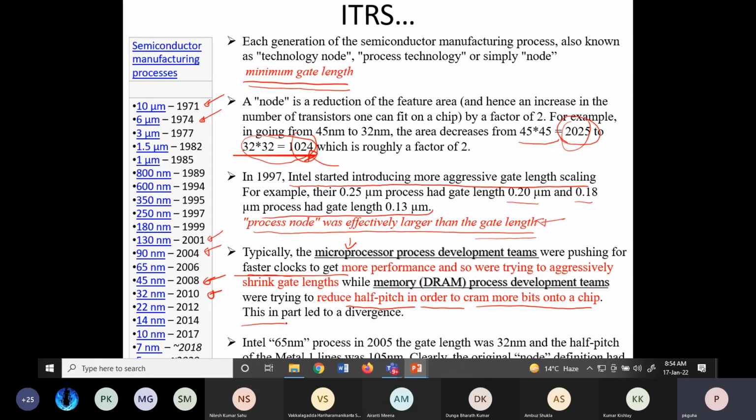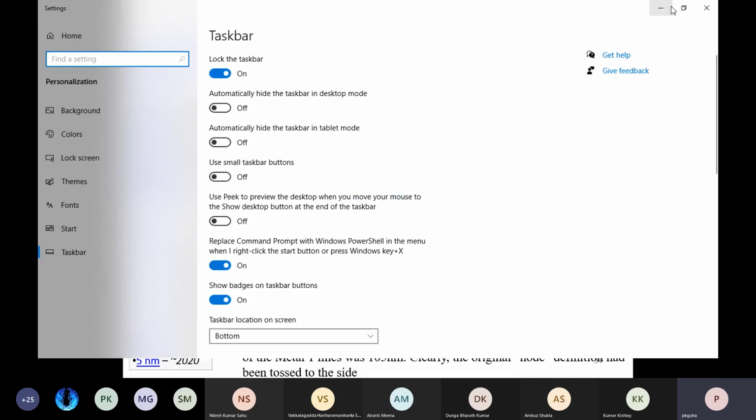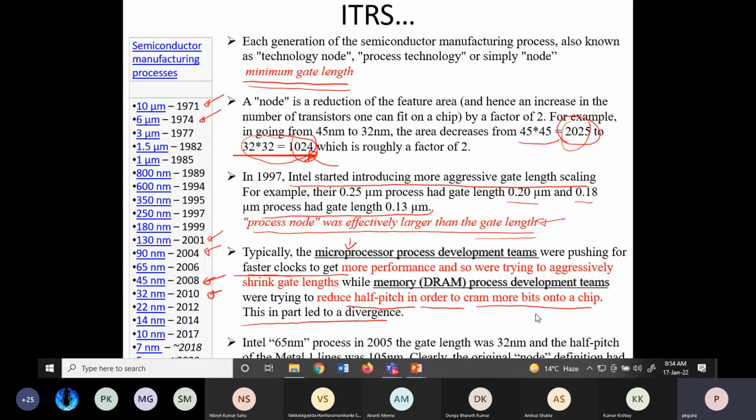So this in part led to a divergence. One group wants to reduce the device size, and another group wants to reduce the distance between two adjacent metal lines. So this creates a divergence.